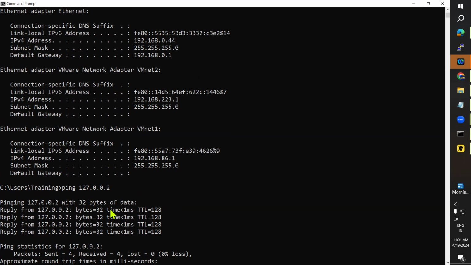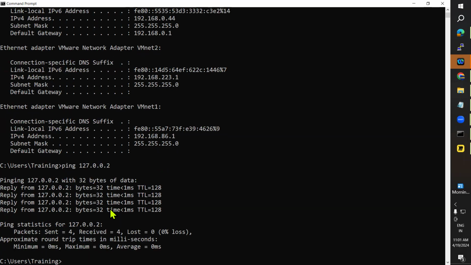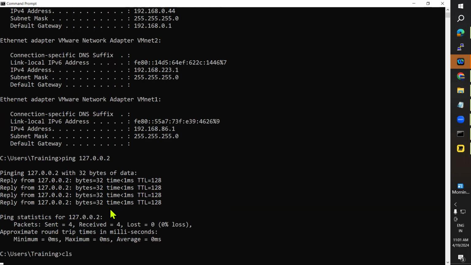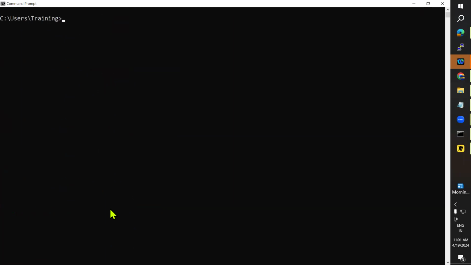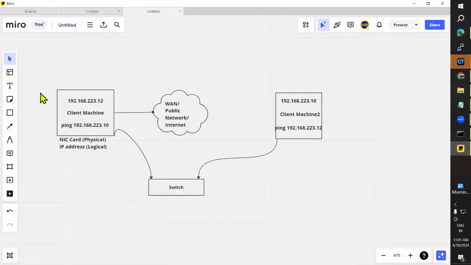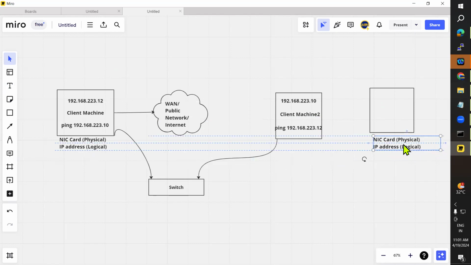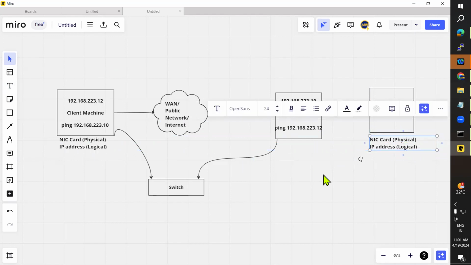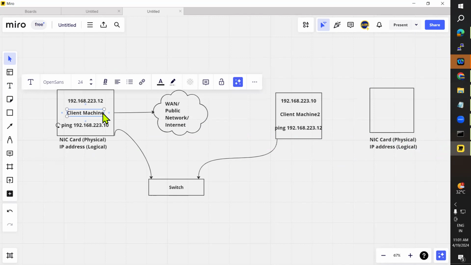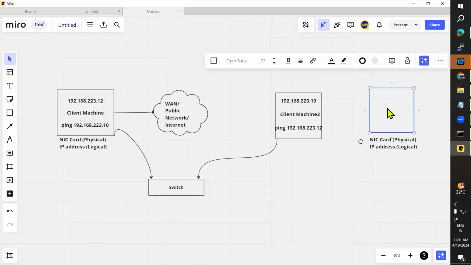And is there any use of this? Yes, there is one use as per my knowledge. We can use this loopback address for only one thing. For example, if you want to check your NIC card, on only a single machine, there is no network, nothing, only a single machine.